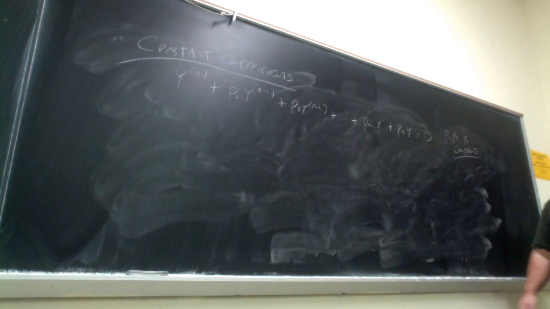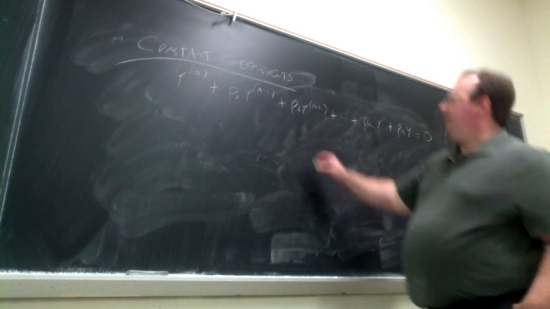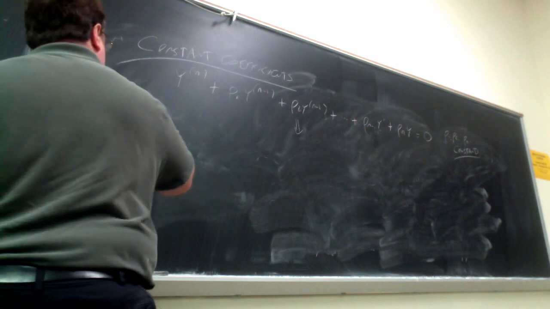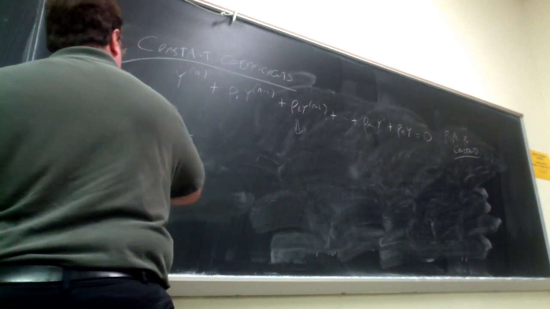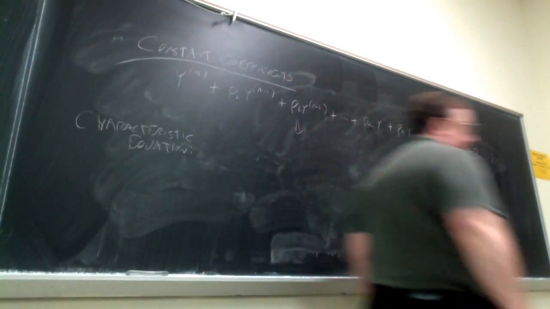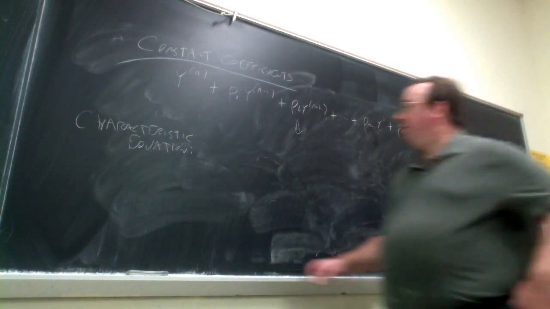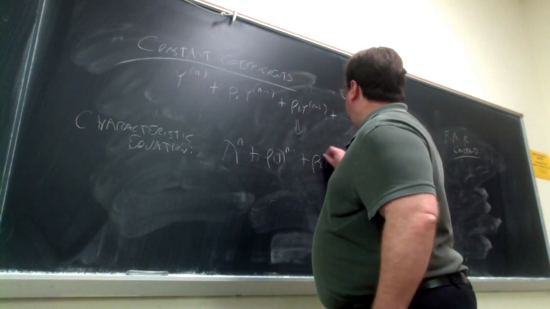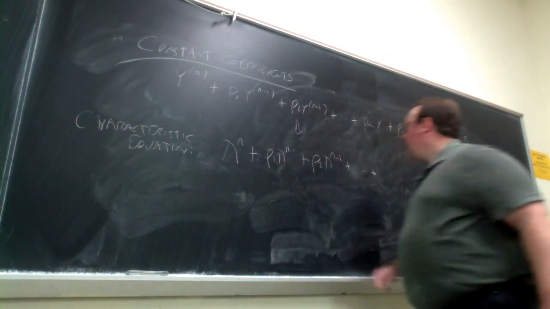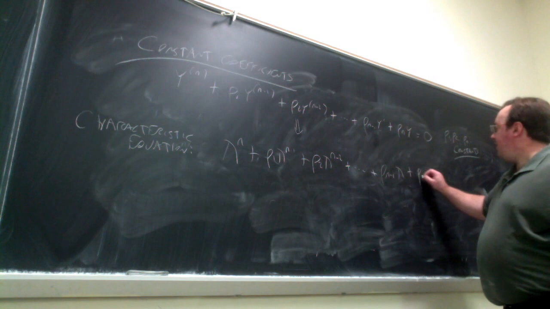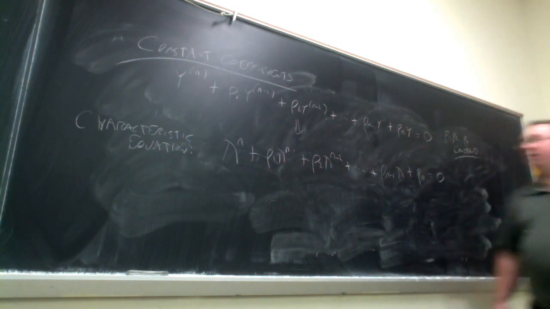So at the start, you proceed just like you did in the case of second order equations. You find your characteristic equation. In the exact same way, the order of differentiation becomes a power of your variable. So we have lambda to the n plus p1 lambda to the n minus 1 plus p2 lambda to the n minus 2, and so forth, all the way down to p(n minus 1) lambda plus pn is 0.